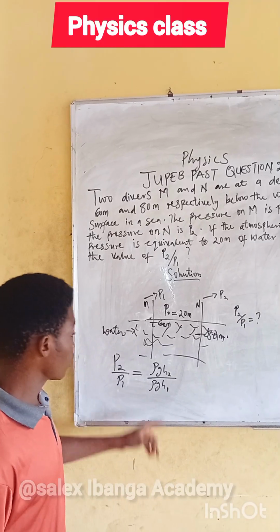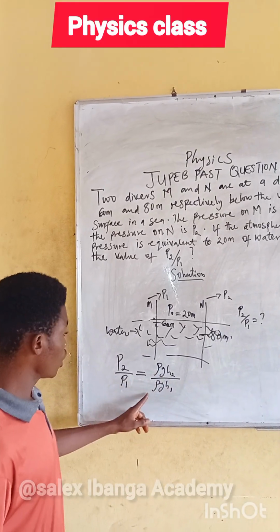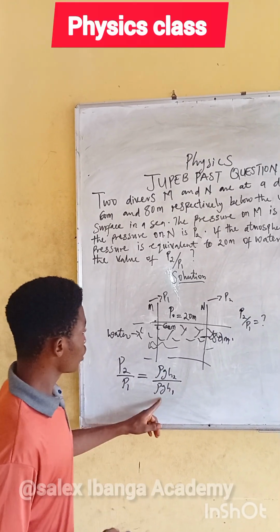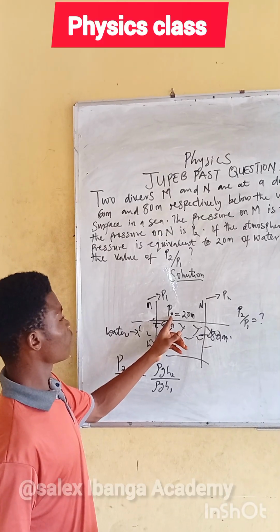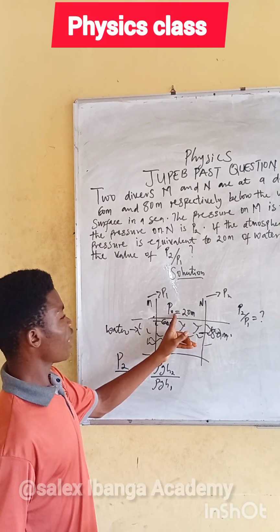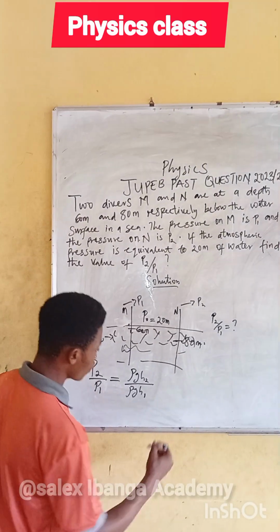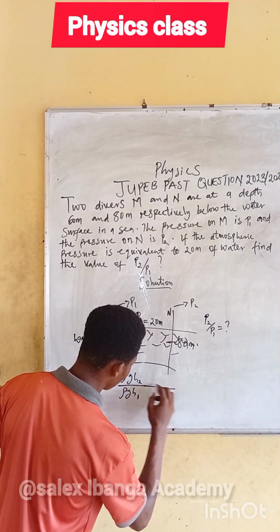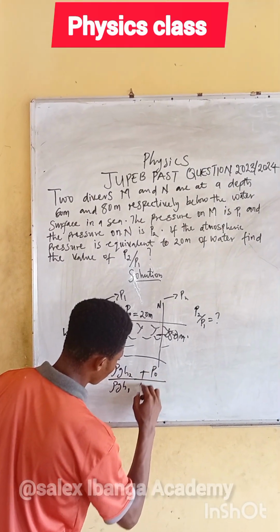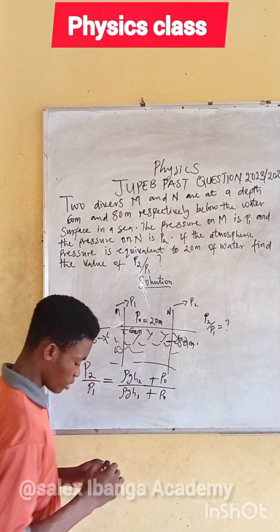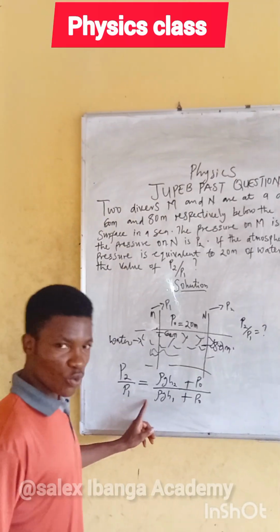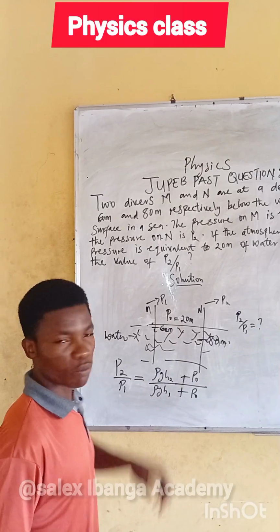Pressure due to height is given as rho g h. The atmospheric pressure is the pressure acting on the surface, so our answer here will be plus P naught, and here plus P naught. So we go with this formula to solve this particular question.